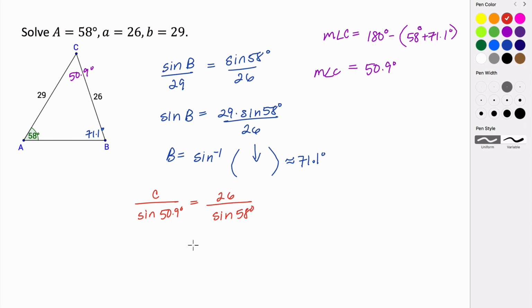Multiply by the sine of 50.9 degrees, and we get that c equals 26 times the sine of 50.9 degrees divided by the sine of 58 degrees. And so the length of side c is about 23.8 units. So these are the dimensions of our first triangle.